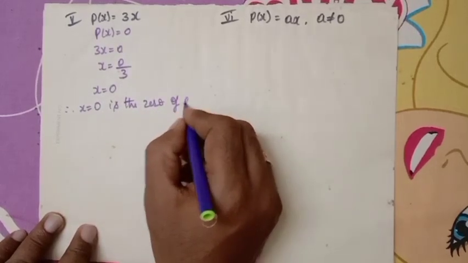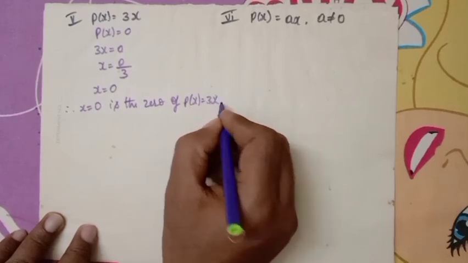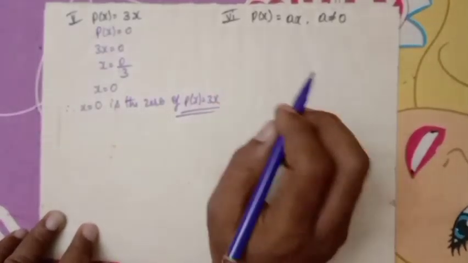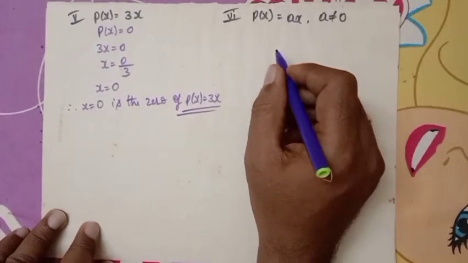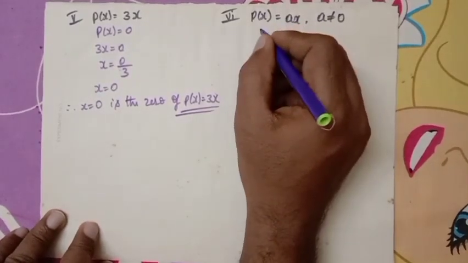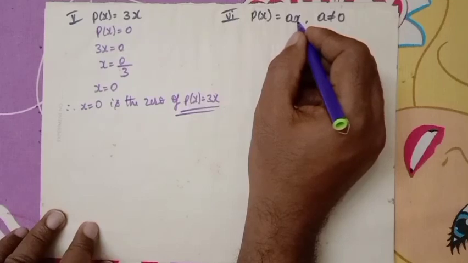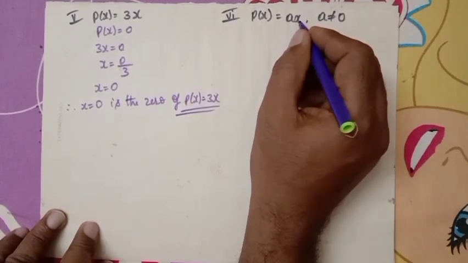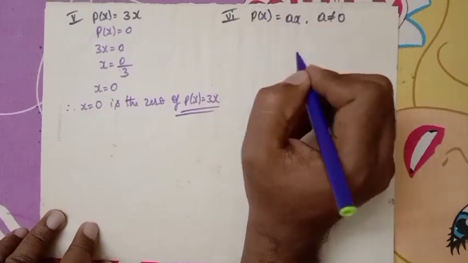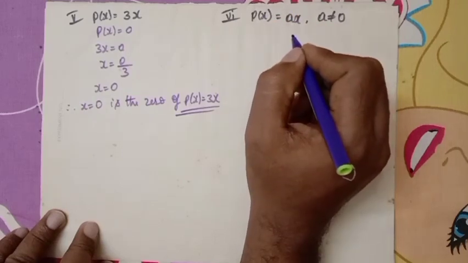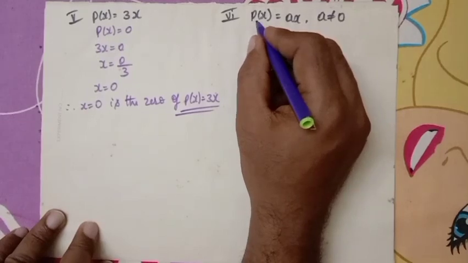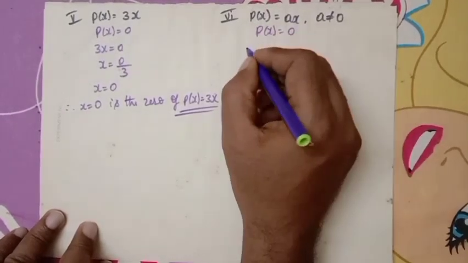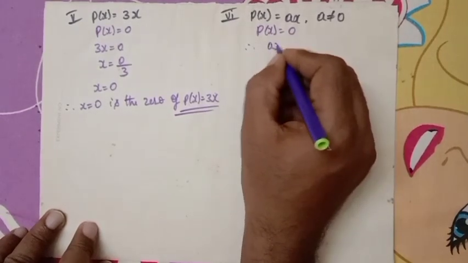of the polynomial p of x is equal to 3x. Here too, we have to find the value of x, that is the zero of the given polynomial p of x is equal to ax, for which the polynomial will be equal to 0. p of x is equal to 0. So, therefore, ax is equal to 0.